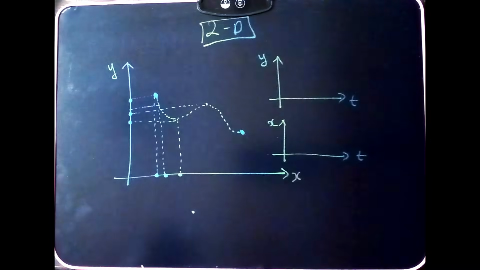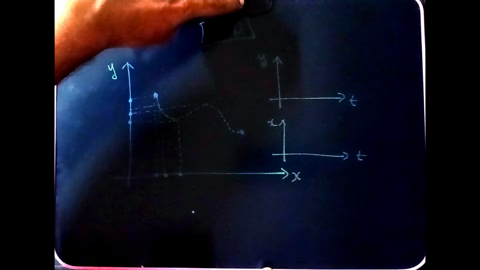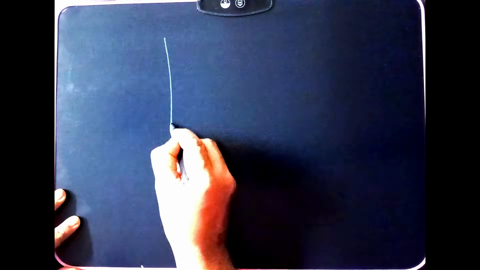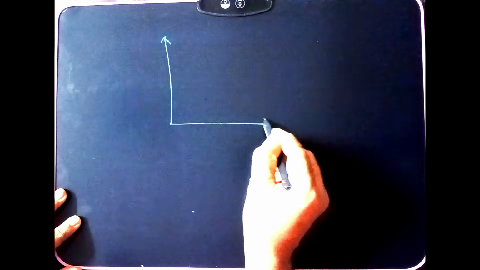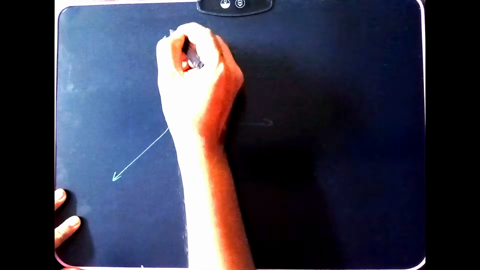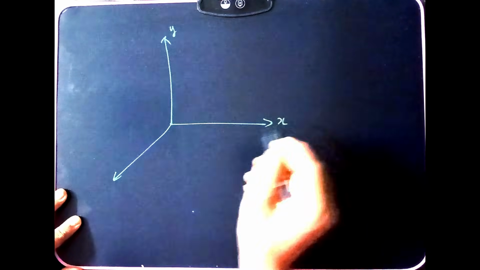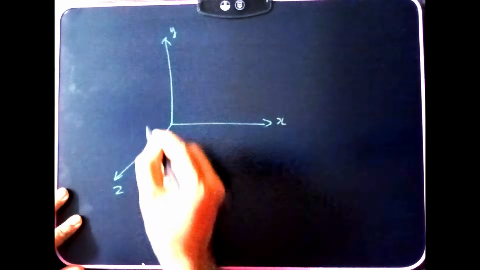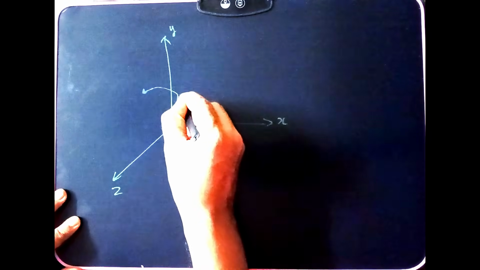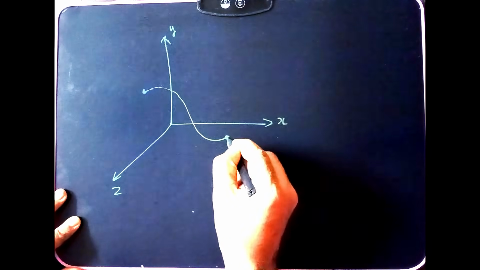This is for two-dimensional. What about three-dimensional? Three-dimensional will have three axes: this will be y, this will be x, this will be z. So the motion will be on every axis.